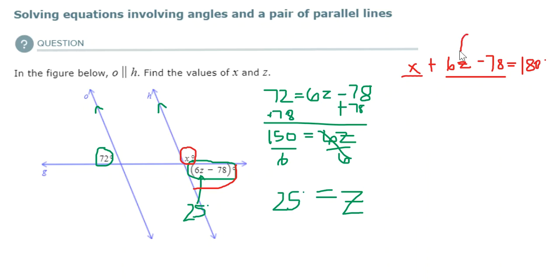And I know that z is 25, so I can plug that number in. 6 times 25 minus 78. And then now I have an equation that only has an x in it and some numbers, so I can solve it. Now 6 times 25 is 150. And if I take away 78 from there, it's going to be 72 degrees.